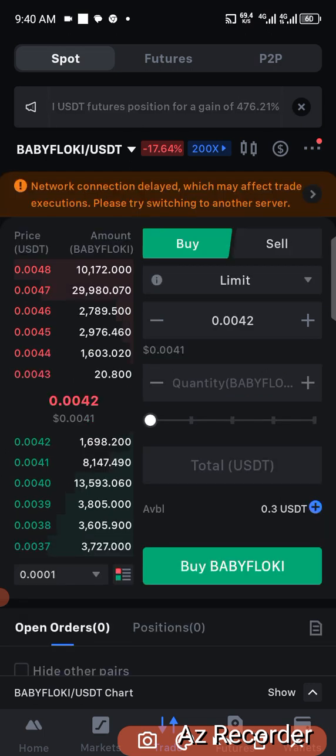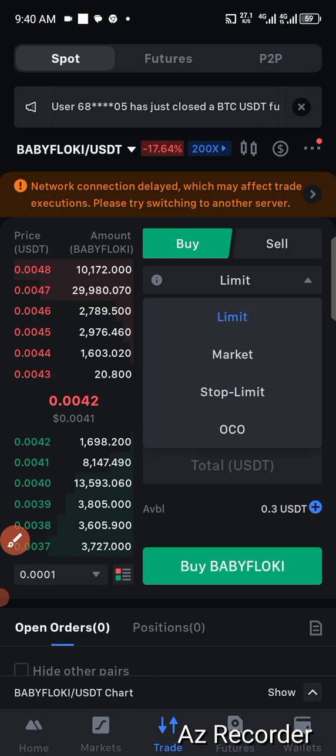Let's assume that you have money in your USDT and then you want to buy this Baby Floki USDT. Now, first of all, you come here. Let's assume that you put it in market.